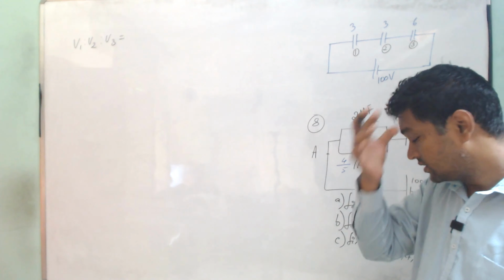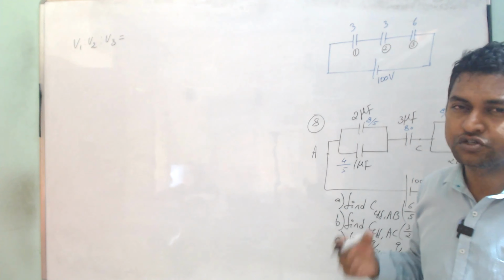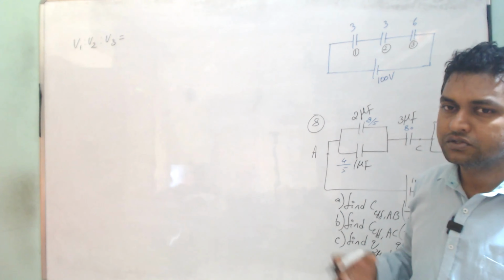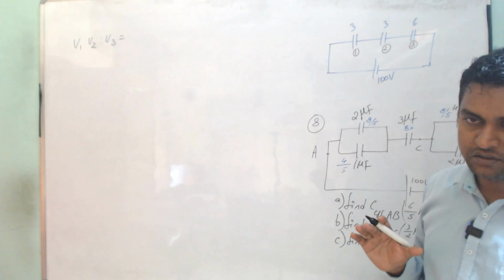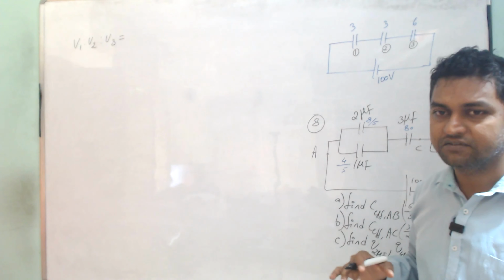Okay. V is inversely proportional to C. So in place of V1, what should I write? 1 by C1.